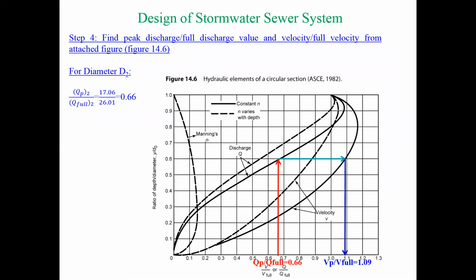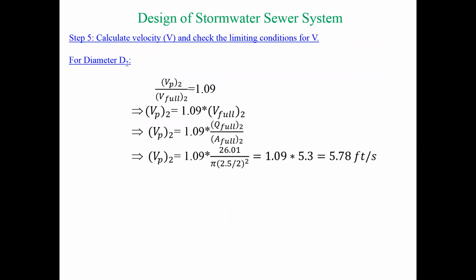If we draw that, this one is 1.09 VP over V full. And for step 5, again, Q full over A full. Q full was 26.01 over pi r square, since the pipe diameter was 2.5, so 2.5 divided by 2 is the r. So that is 5.78 feet per second.